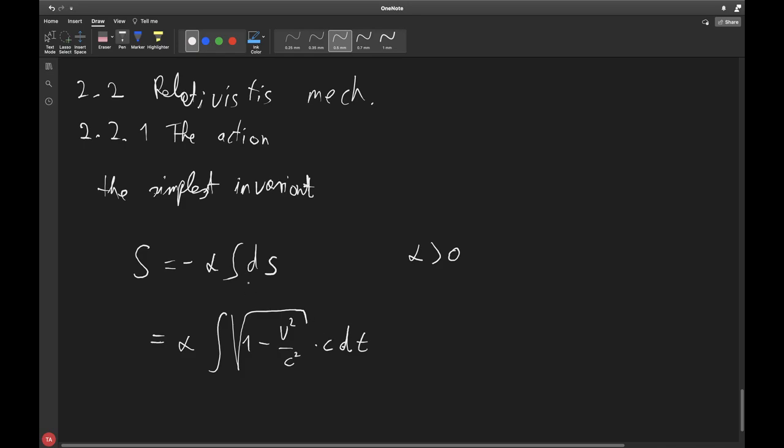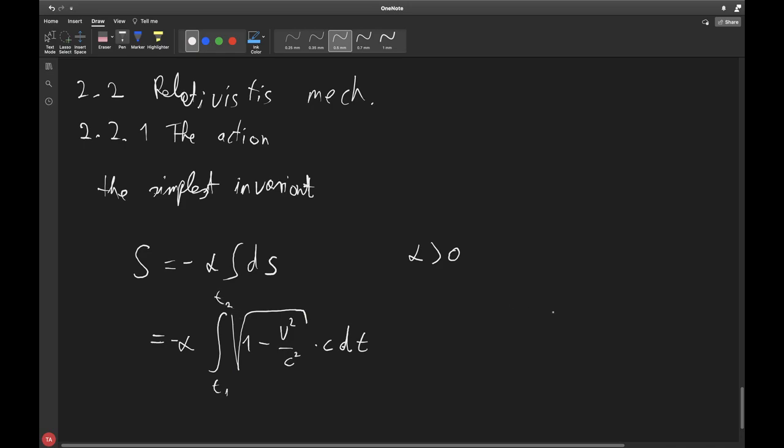So that was the definition of the ds, and we also moved on now with this that the integration is done by time. So integration variables are some t1 time to some t2 time.